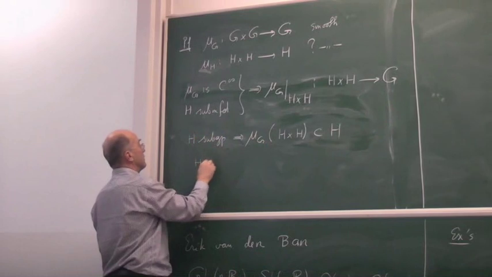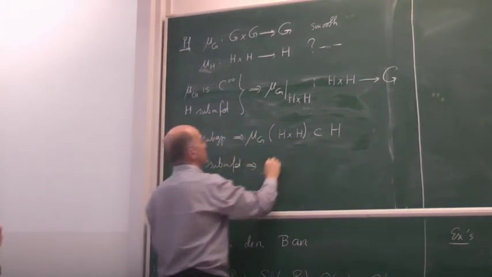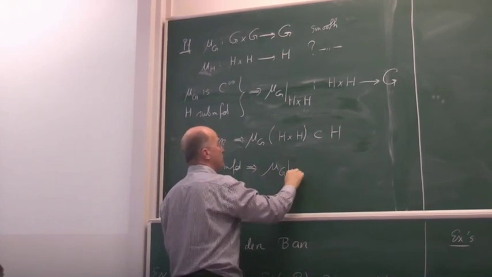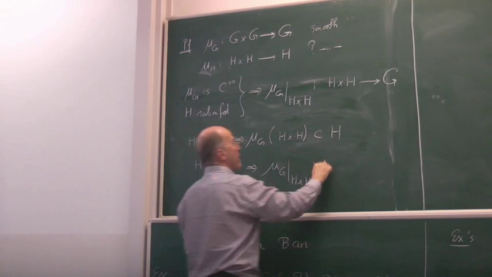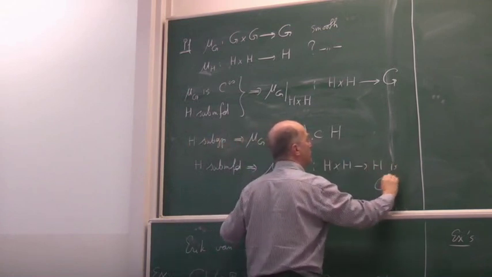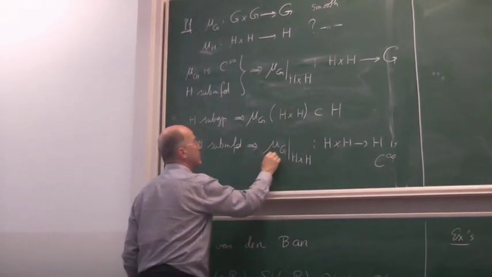So H, a submanifold, now implies that the restriction of mu G to H times H, as a map from H times H to H, is smooth. But this is mu H.